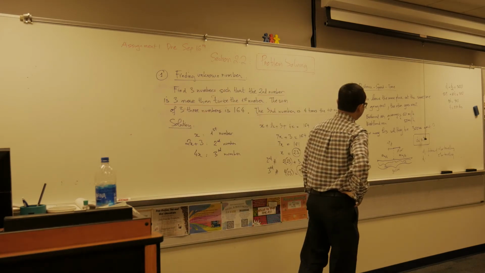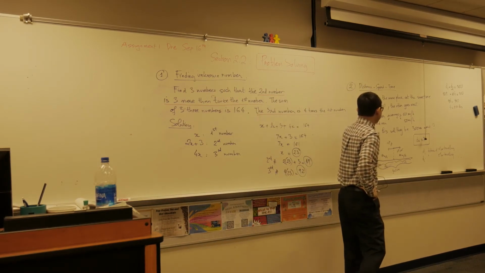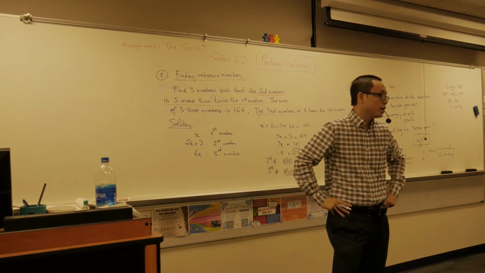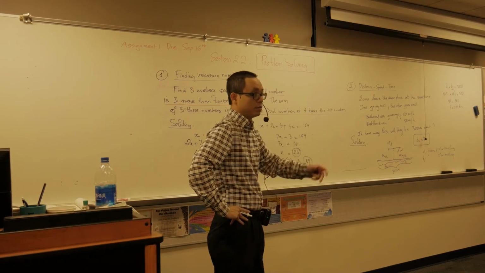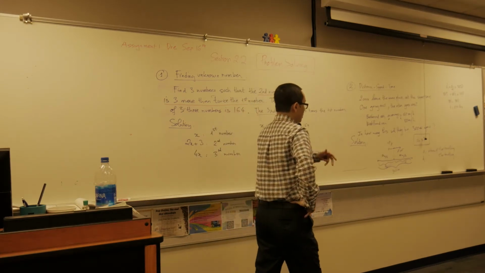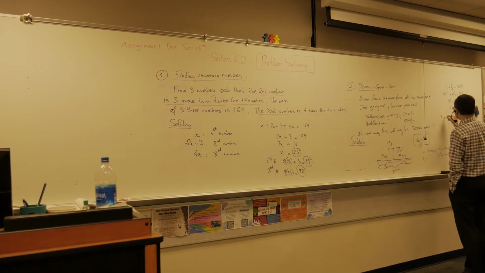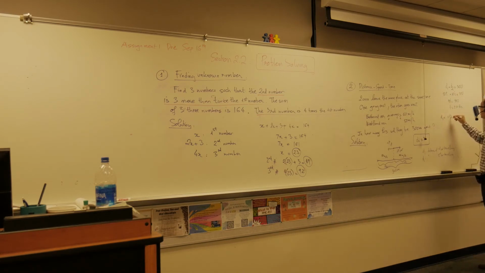So after you find the number, actually we already found a solution for the question. But what if they ask you to find D1 and D2? You can find D1 and D2 easily. So D1 will be 3.33 times 50, right?